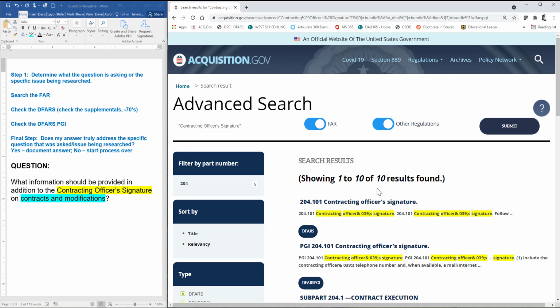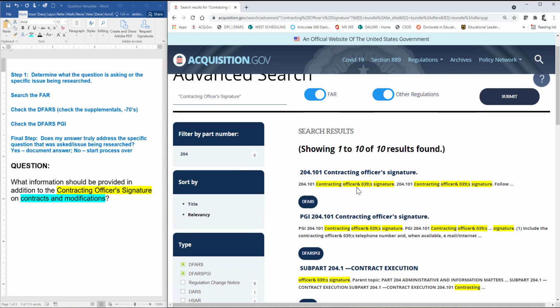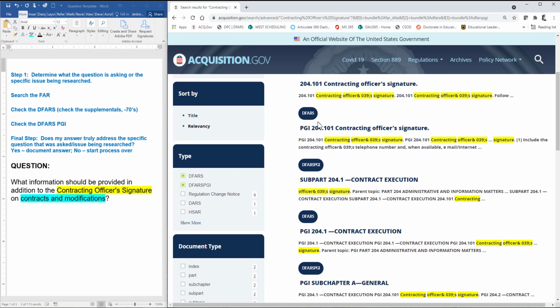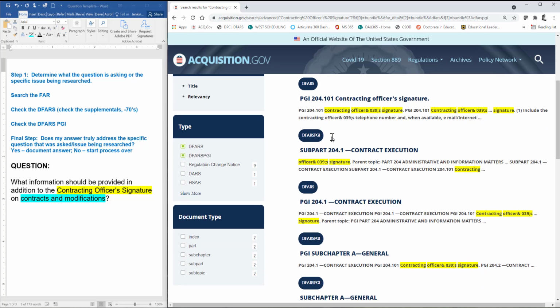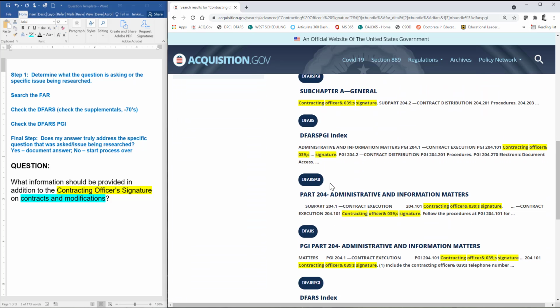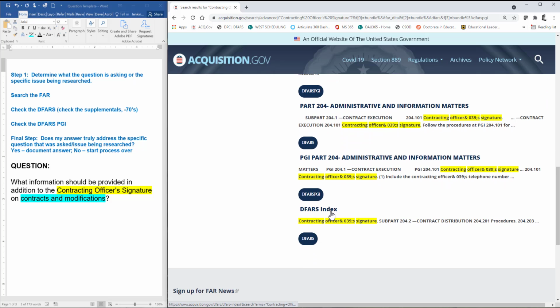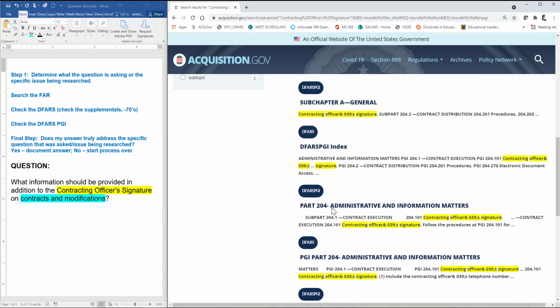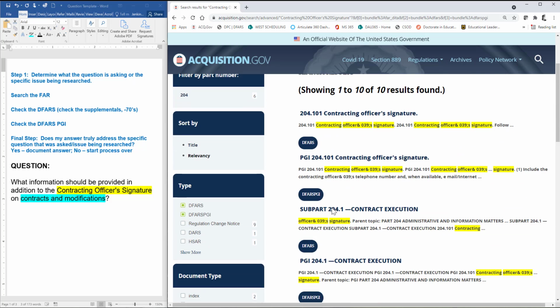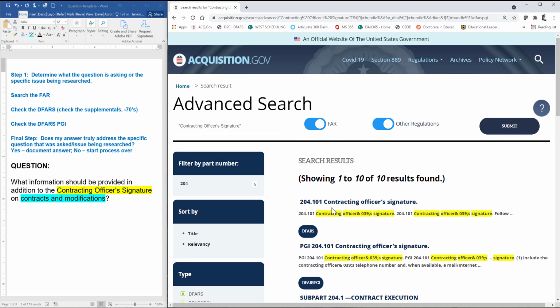All right, I got 10 results, and it looks like they are all revolving around the DFARS, specifically the PGI, but we do have a couple DFARS references here. But I don't have a single FAR reference, and so I can kind of eliminate the FAR from that standpoint.